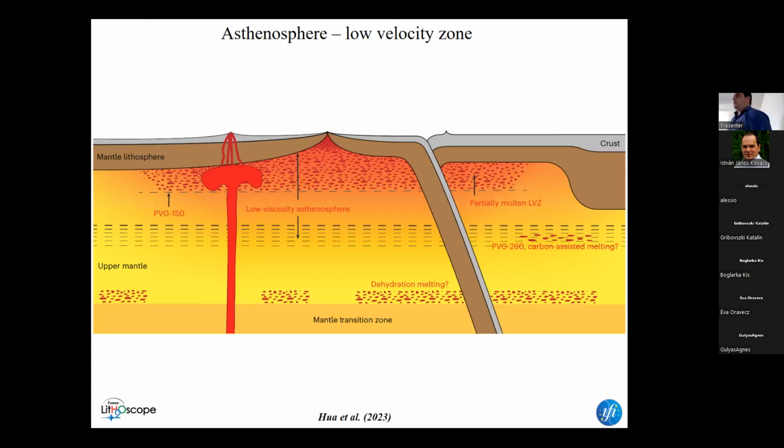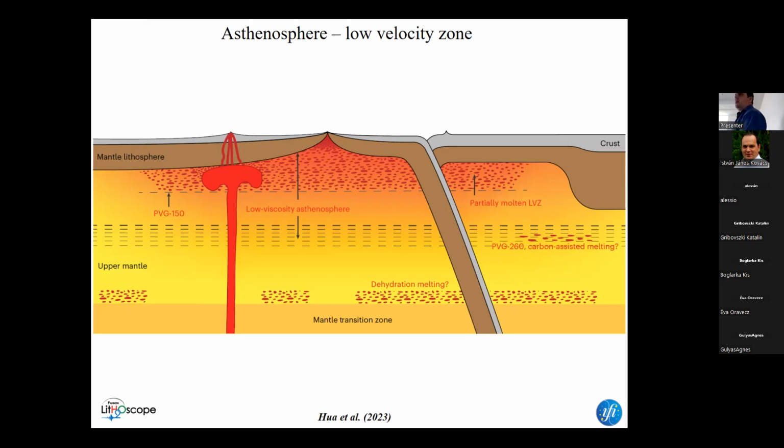This is how geoscience is. But there is emerging data and also agreement that we do have a partially molten layer of the upper mantle beneath the lithosphere and the bottom of, as they call it, the low velocity zone.